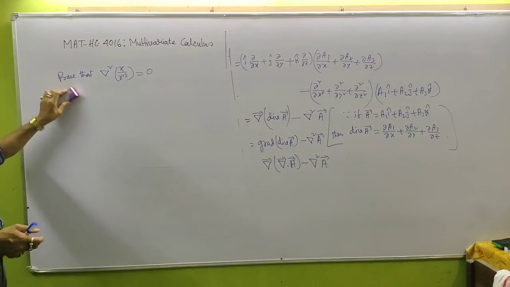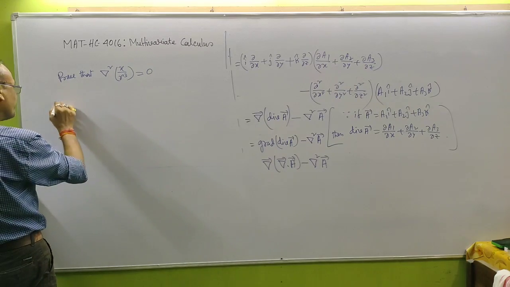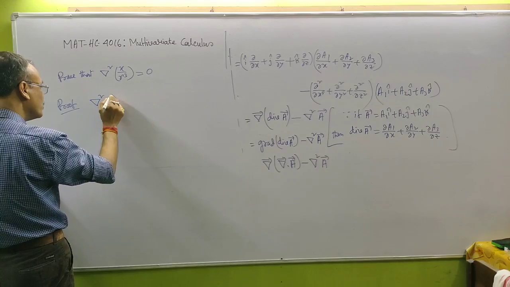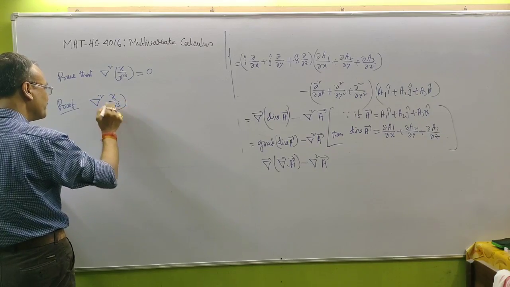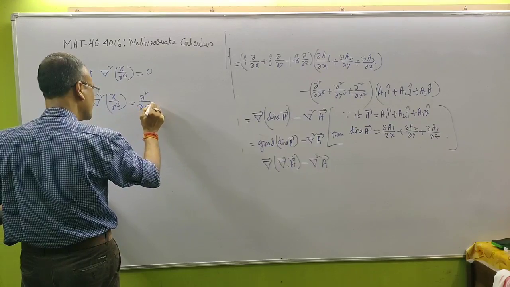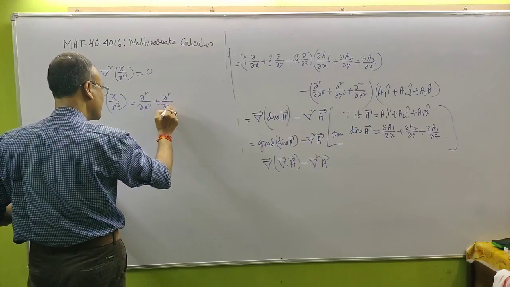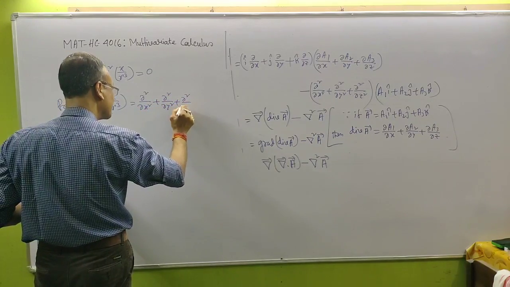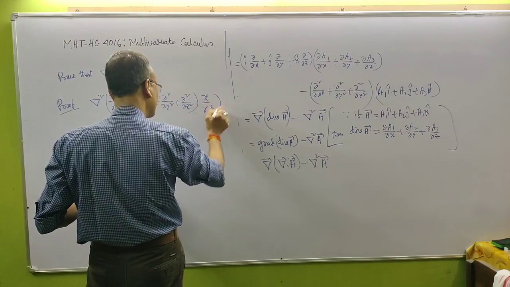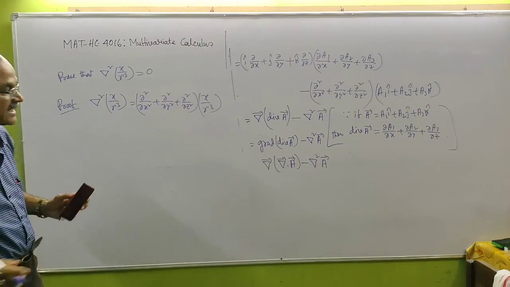Now, nabla square of x by r cube. This is equal to, you may write, del square by del x square plus del square by del y square plus del square by del z square, of x by r cube.